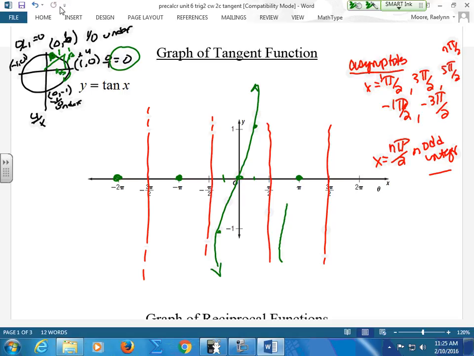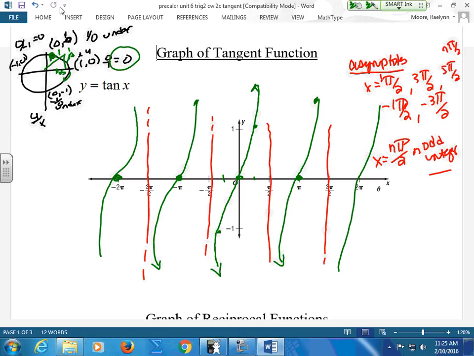So for each one of these little sections, it goes like this. So again, this is my tangent. Kind of gets blocked off a little bit. So if it keeps on going in both directions, what is my range for tangent?